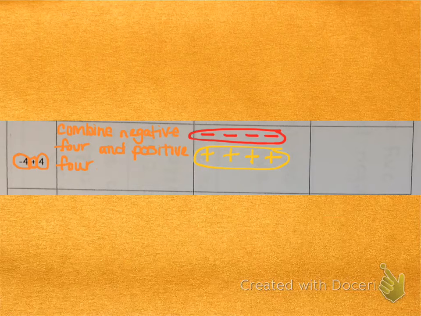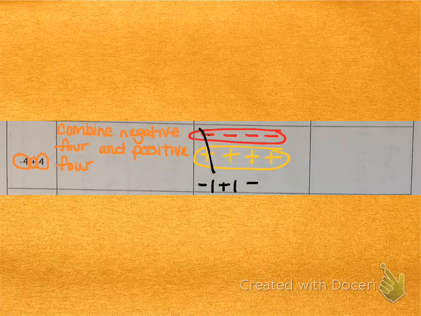So this is the first time we're going to see our zero pair. Zero pair is a pair of numbers whose sum is 0. So when I combine a negative and a positive together, those equal 0, so it goes away. So it's as if I had one negative combined with one positive.